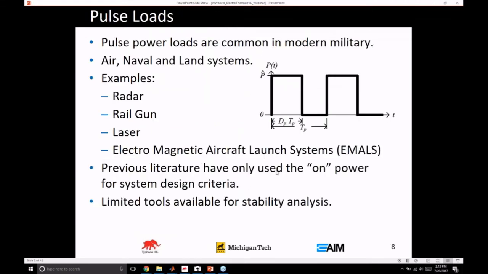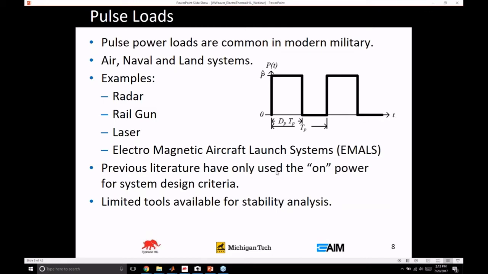So how does this actually affect things when I start looking at more complex loads? Many new loads and high demand loads that are being added to a lot of military systems, air, naval, and land, are really pulse loads. Not really constant power. They may be a constant power for a pulse width, but are only on for certain periods of time over certain frequencies.